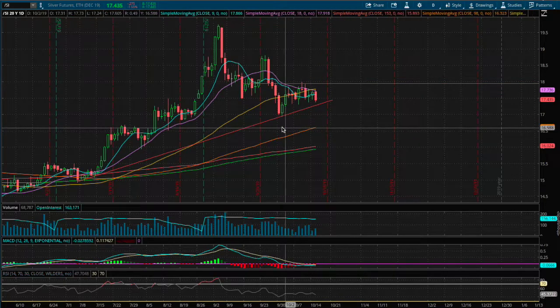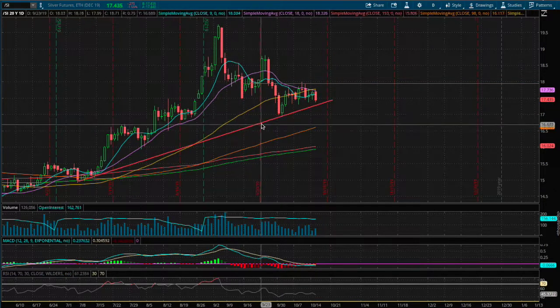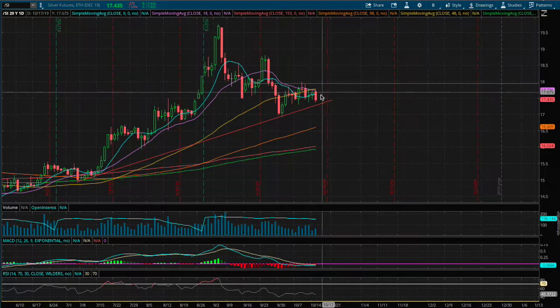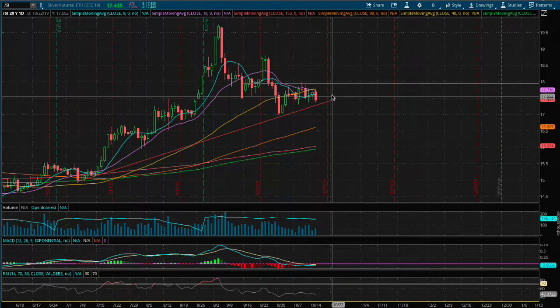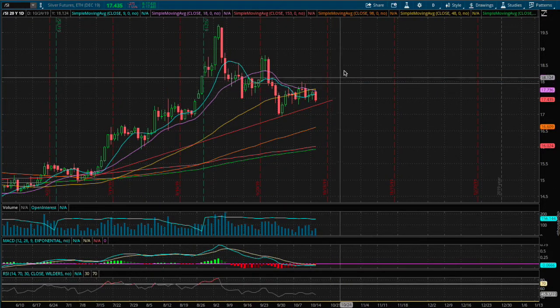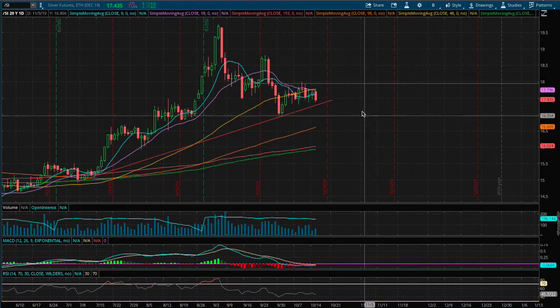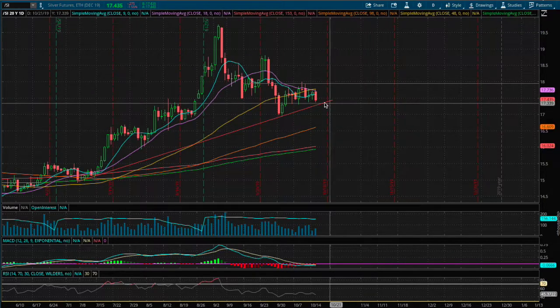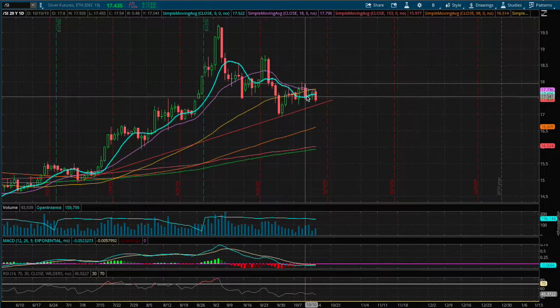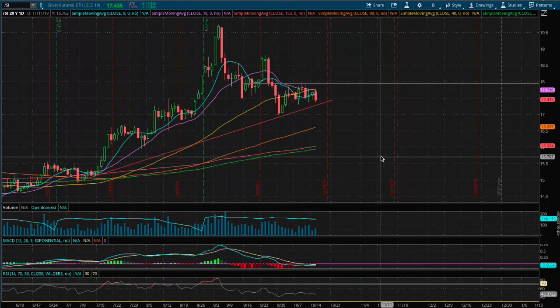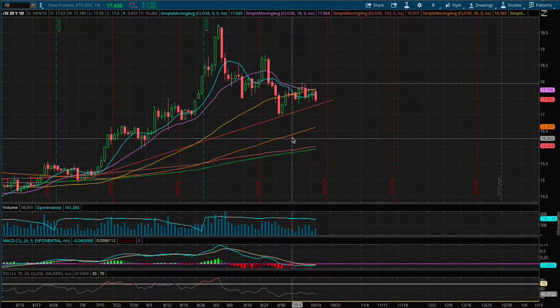And what we have here is, as we're trending up, the range gets smaller and smaller, and when that does happen, do expect a large movement to the upside or to the downside. So that is what we're in. The range is getting tighter and tighter, so do expect a large movement soon.